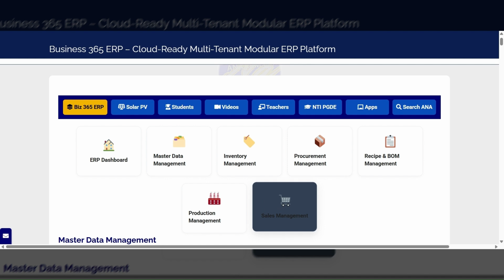Rather than operating as isolated departments, these modules communicate with one another, ensuring that information is entered once. Take note, information is entered once and is shared wherever it is needed.